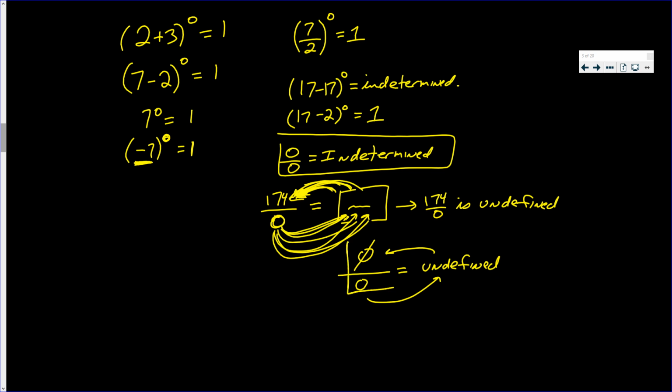This is undefined. So you cannot divide by 0. If the top is 0, we call the division indeterminate. If the top is not 0, we call the answer undefined.